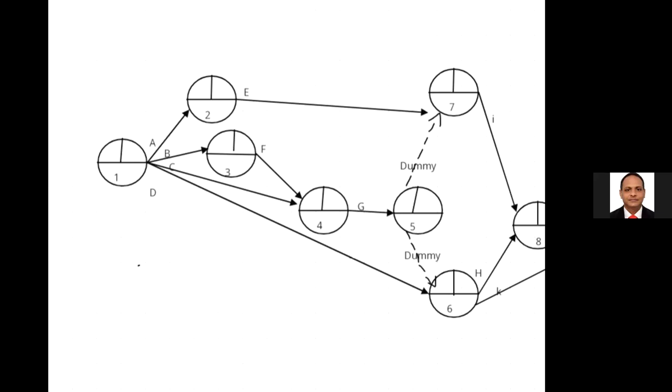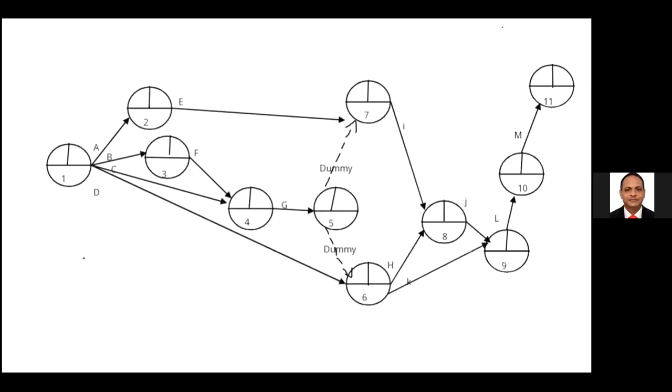Therefore, we should complete G separately because G is common for both H and I. For I, we need to complete only E and G; for H, only D and G. We should use the two dummies.